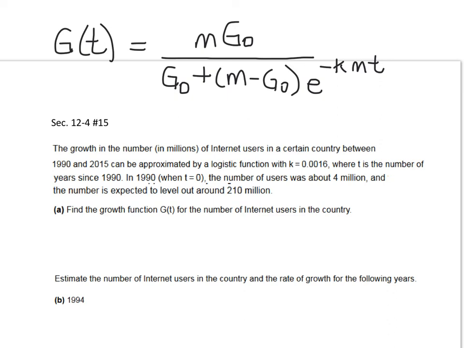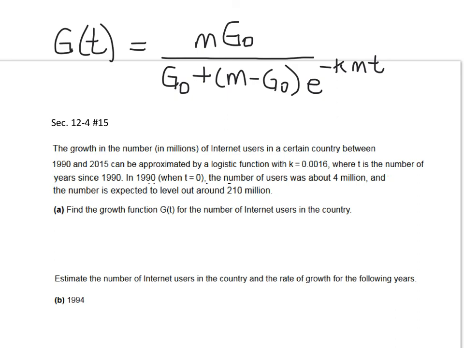So I'm going to start out by helping you identify g sub 0. G sub 0 is the initial number that is present at time t equals 0. So g sub 0 is given in the problem.